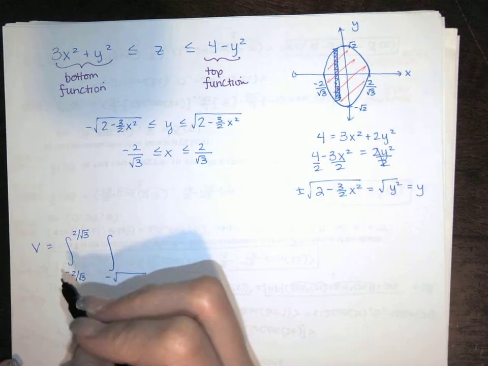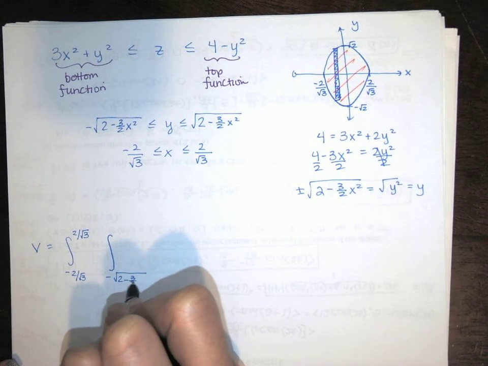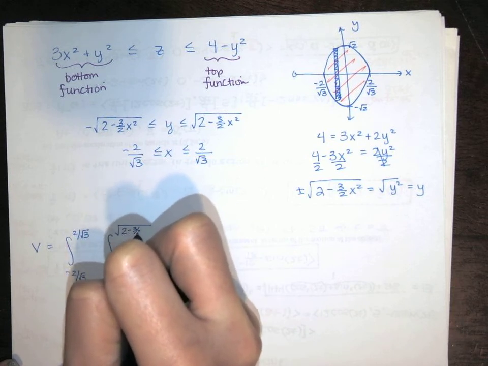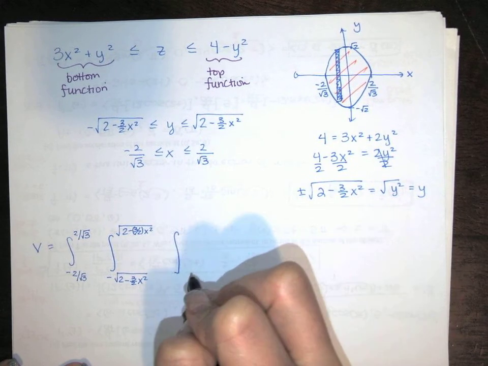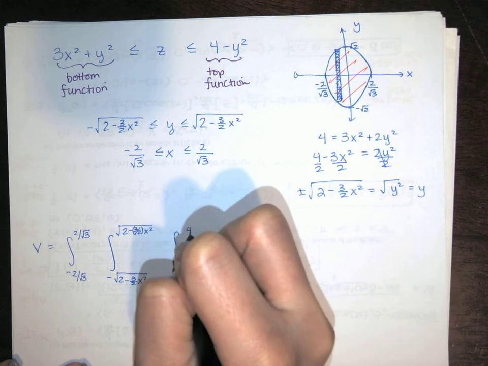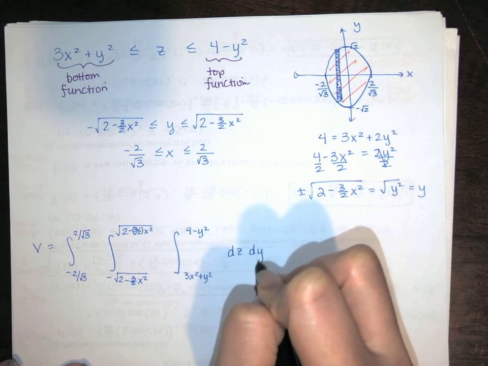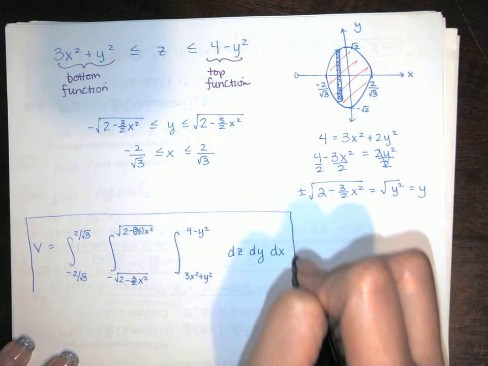So that's describing the rest of the region R. Y goes from this negative square root to this positive square root. And meanwhile, z goes from the elliptic paraboloid to the cylinder, given by that. And that represents our volume.